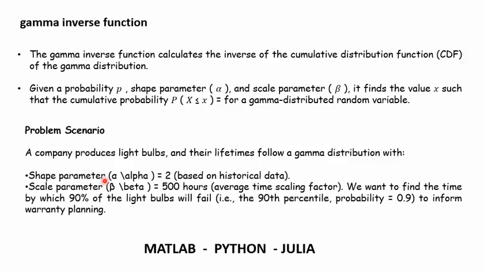Shape parameter alpha equals 2 based on the historical data, and scale parameter beta is 500 hours, the average time scaling factor. We want to find the time by which 19% of the light bulbs will fail.